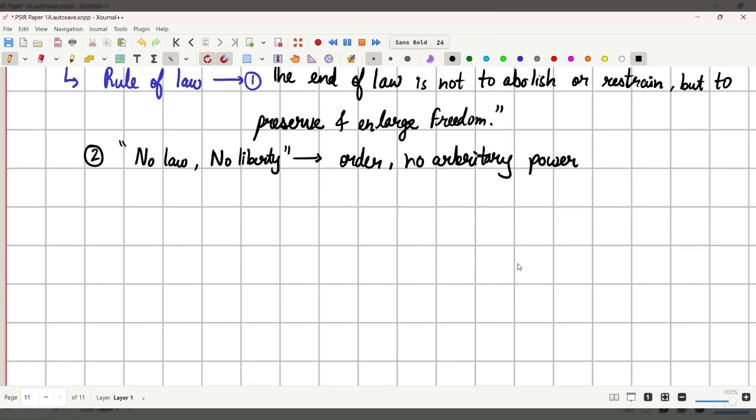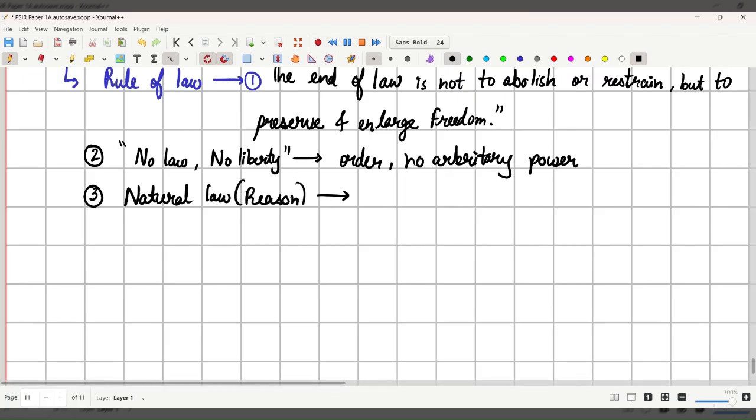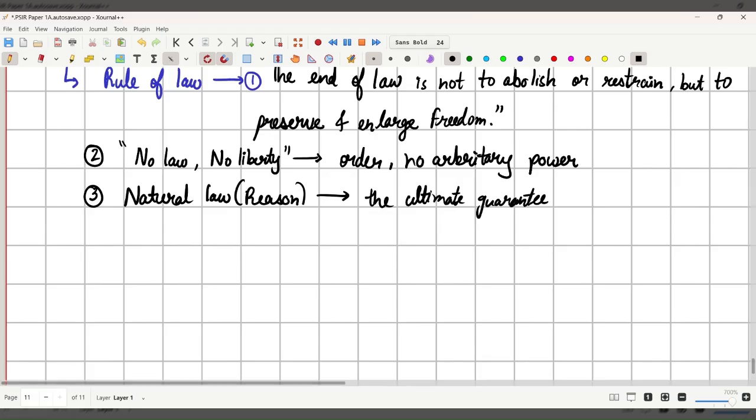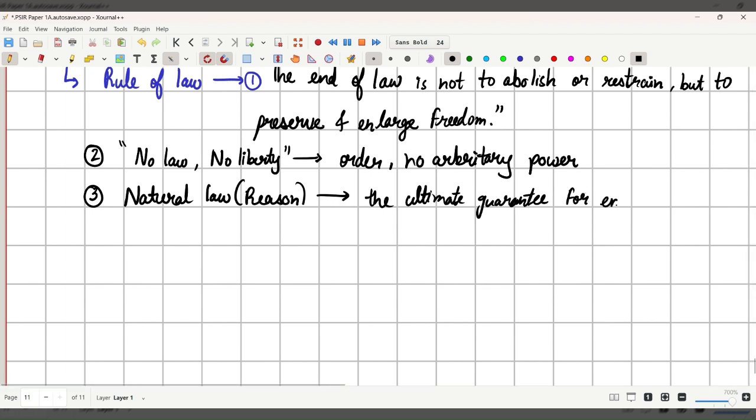Then, according to him, natural law, which means human reason, is the ultimate guarantee for enjoyment of liberty.